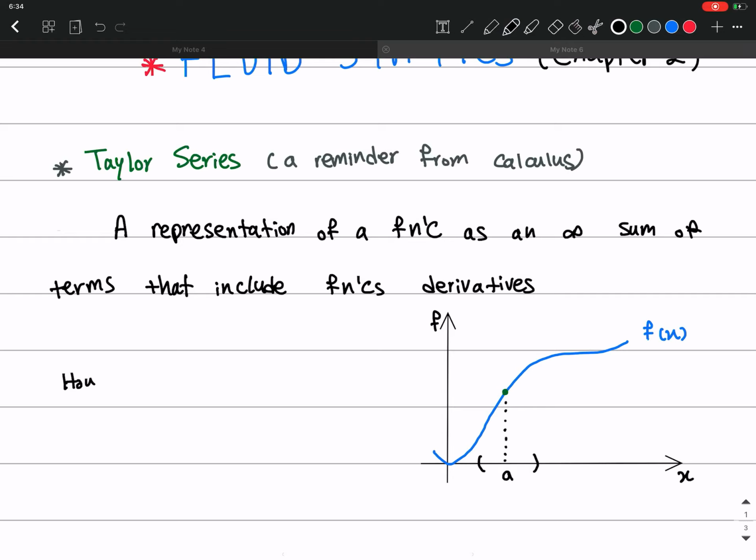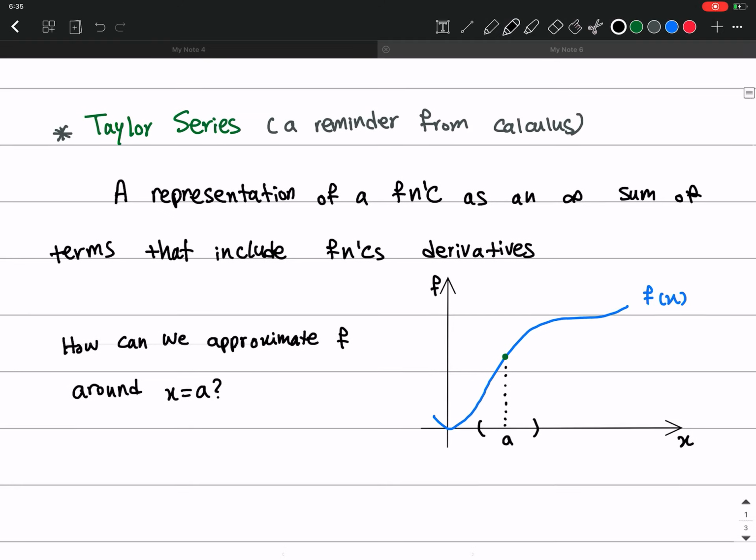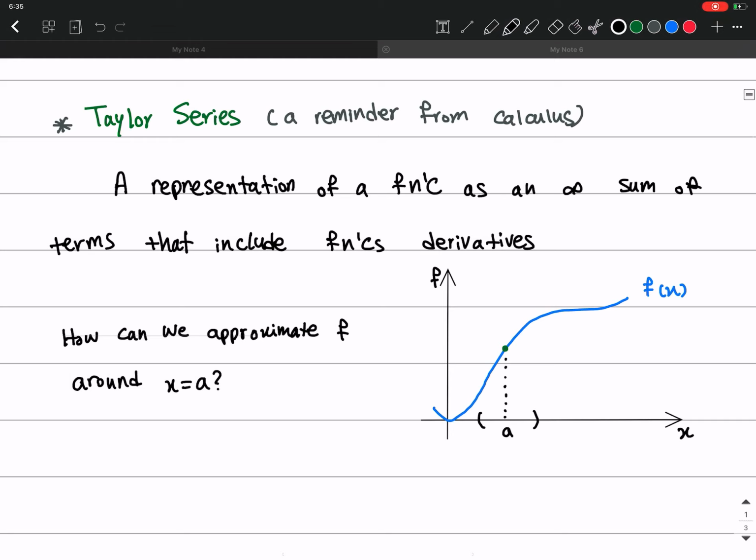So the question we have is, how can we approximate the function f around x equals a? In order to do that, we can use all the different derivatives.